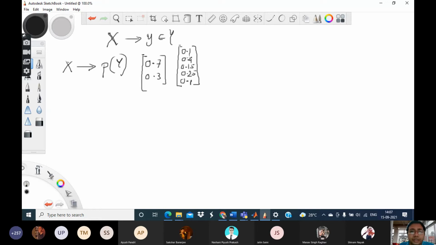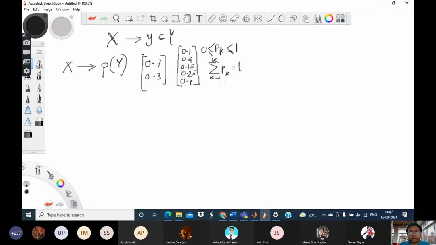That means all the values add up to 1 and each of them lies between 0 and 1. So pk must lie between 0 and 1, and if you sum over all the pk's, you will get 1.